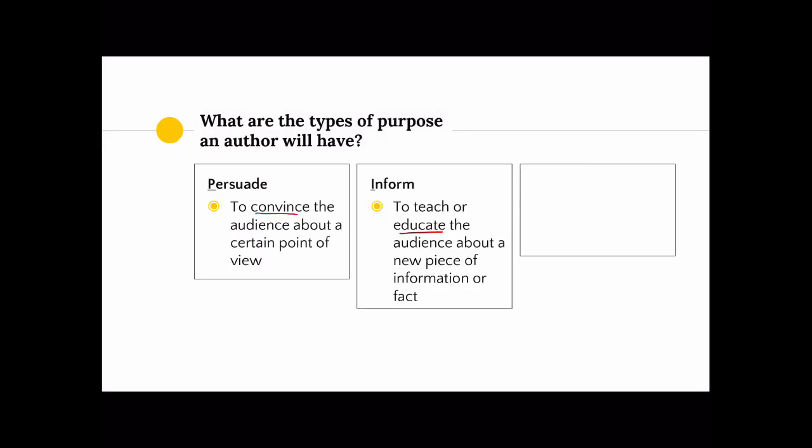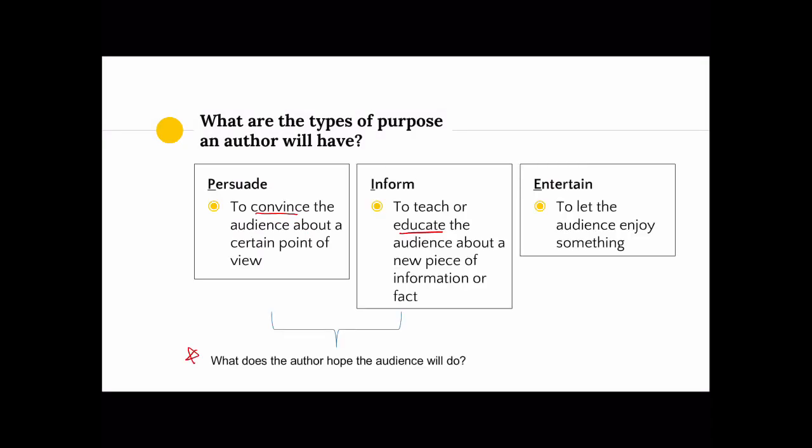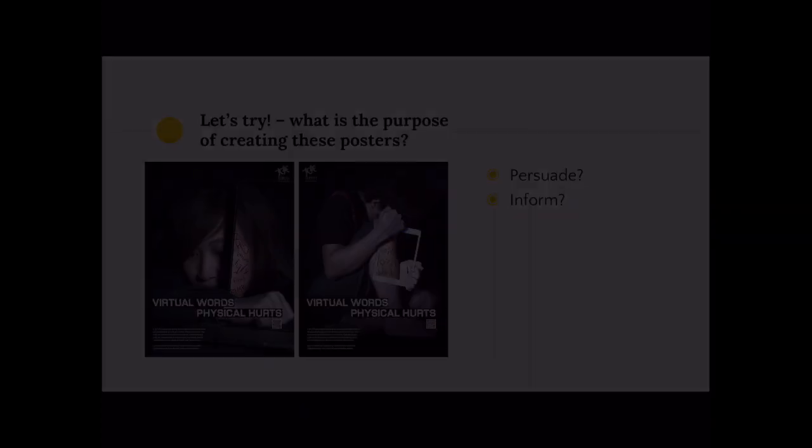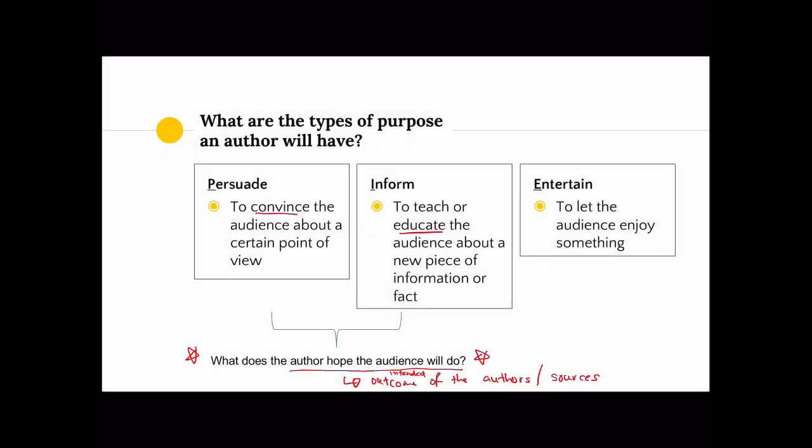So we are also looking at what the author hopes that the audience will eventually do. This is the outcome of the creation of these sources, or sometimes your teacher might use the term intended outcome. We'll pause here for a while and then we'll continue in the next part.